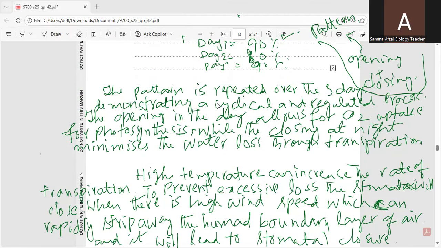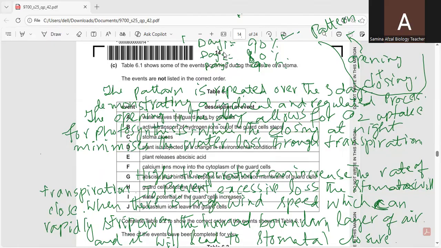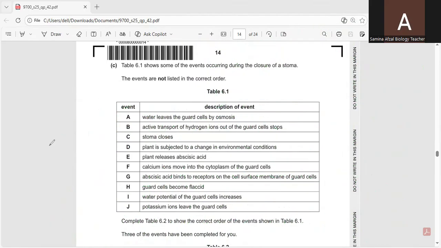So it was all about this question. Now moving towards the next question. And the next question is, the table shows some of the events occurring during the closure of stomata. The events are not listed in the correct order.